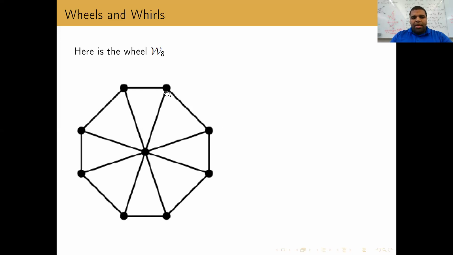Similarly, the rim edges are contained in a 3-element circuit right here, but they're also contained in a couple of 3-element co-circuits: this triad of edges incident with this vertex here, and this triad of edges incident with this vertex here. So that's a wheel, just a graphic matroid.